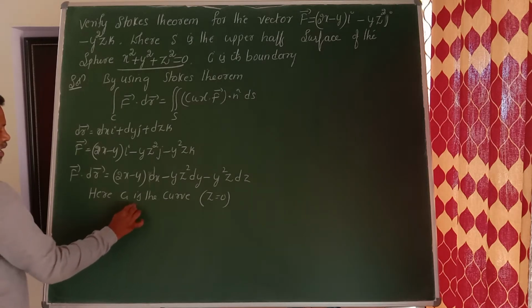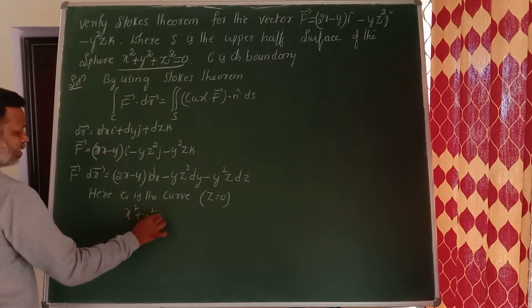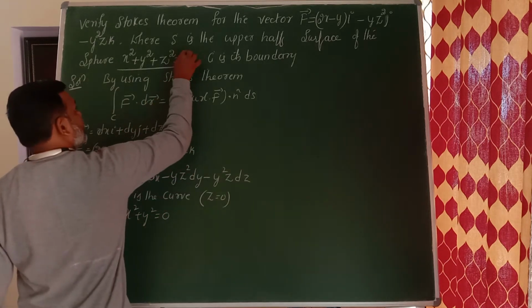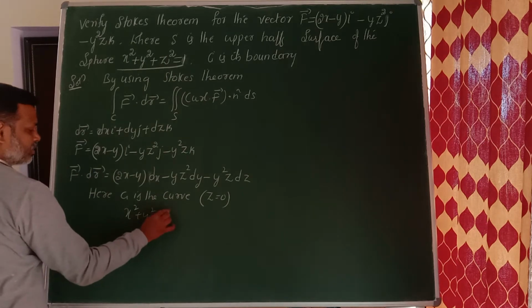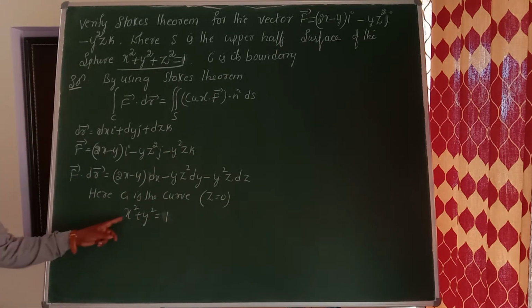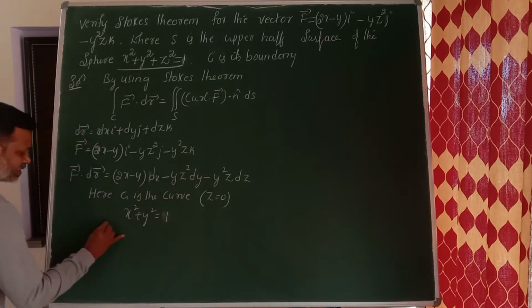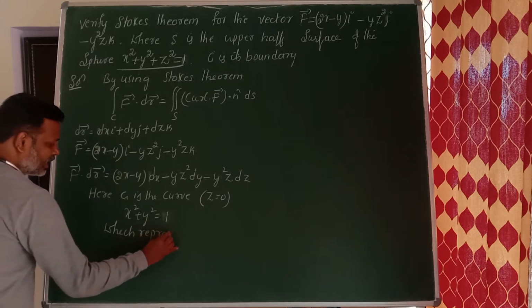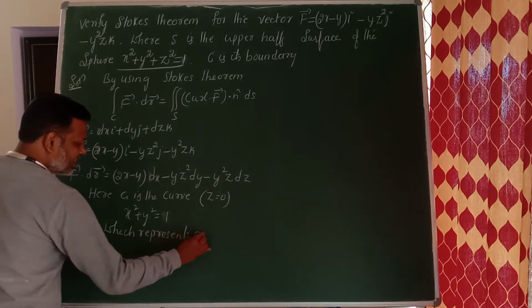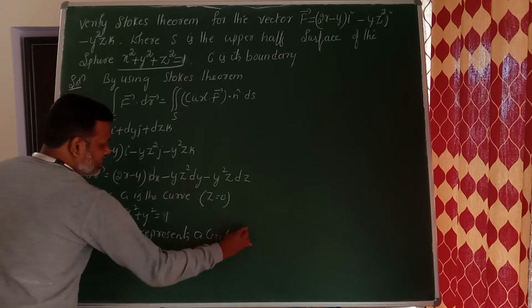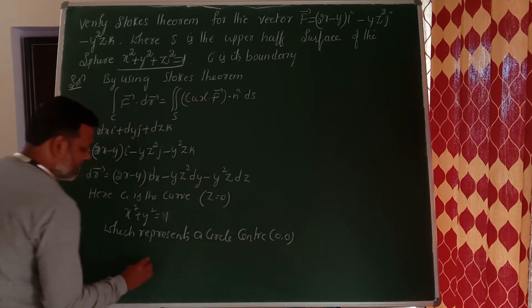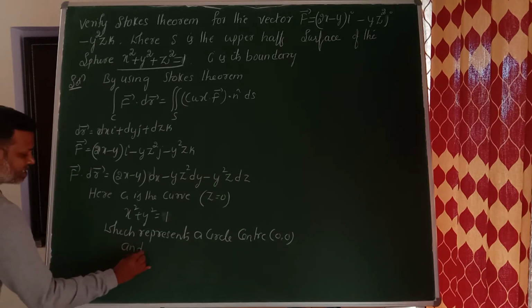That means x squared plus y squared is equal to 1. Sorry, I said 0 earlier, but it is 1. This represents the equation of a circle with center at (0, 0) and radius 1. We call it the unit circle.